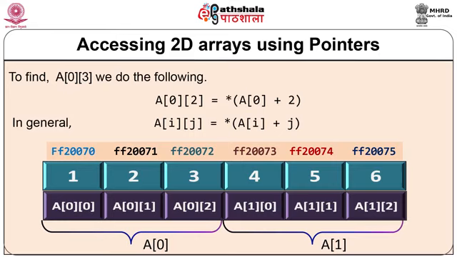In A0, there are 3 elements shown: A00, A01, A02. Whereas A1 includes A10, A11 and A12. Their values are also given: A00 is 1, A01 is 2, A02 is 3, A10 is 4, A11 is 5 and A12 is 6.